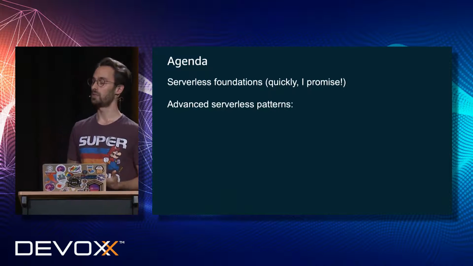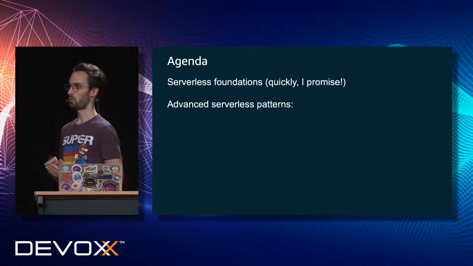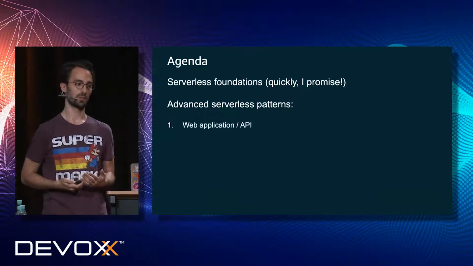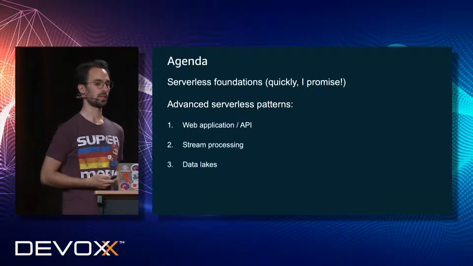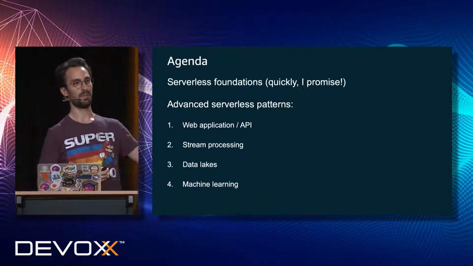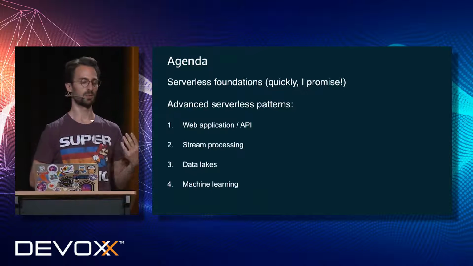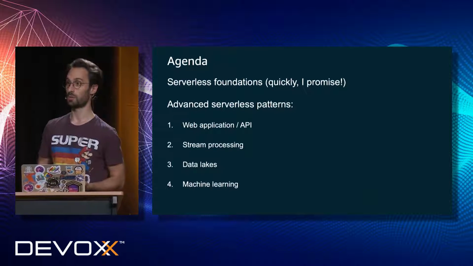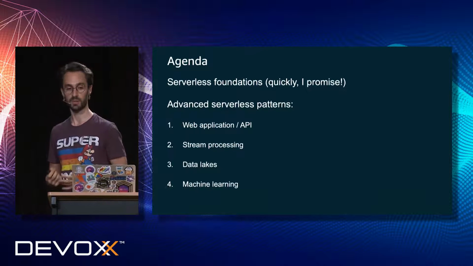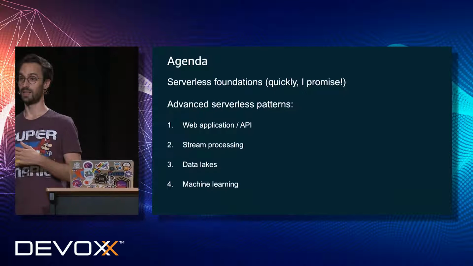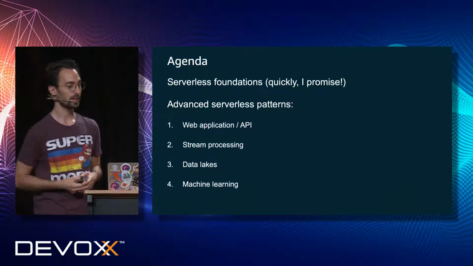And then I want to discuss not 4 patterns, but 4 categories of architectural patterns for different scenarios and use cases. So I'll touch on 4 macro categories: web applications or microservices and APIs, stream processing, data processing in real time most of the time, data lakes or data analytics, and machine learning.